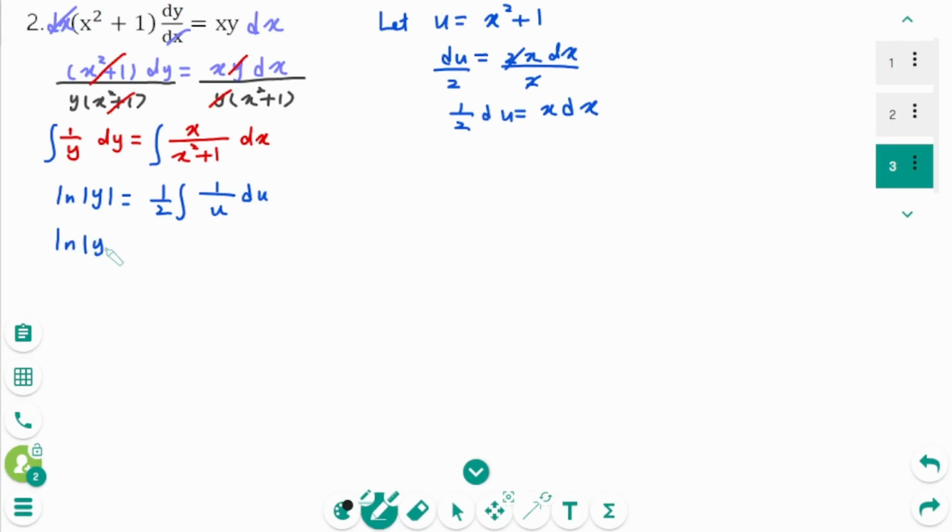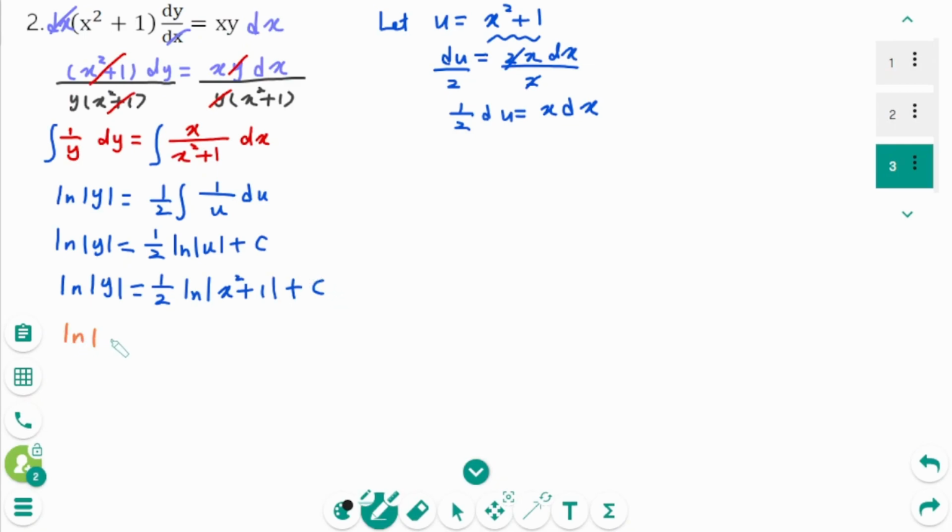So ln absolute value of y equals 1 over 2 ln absolute value of u plus c. Then ln absolute value of y equals 1 over 2 ln absolute value of u, where u was x squared plus 1, plus c.